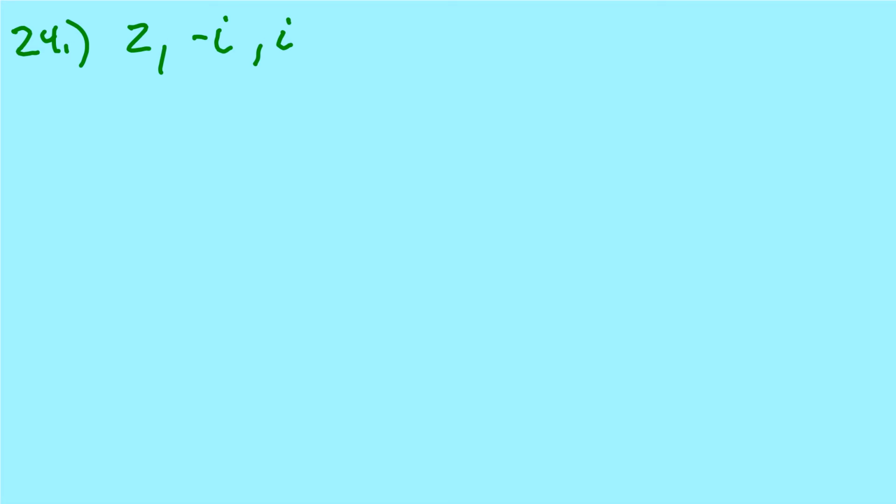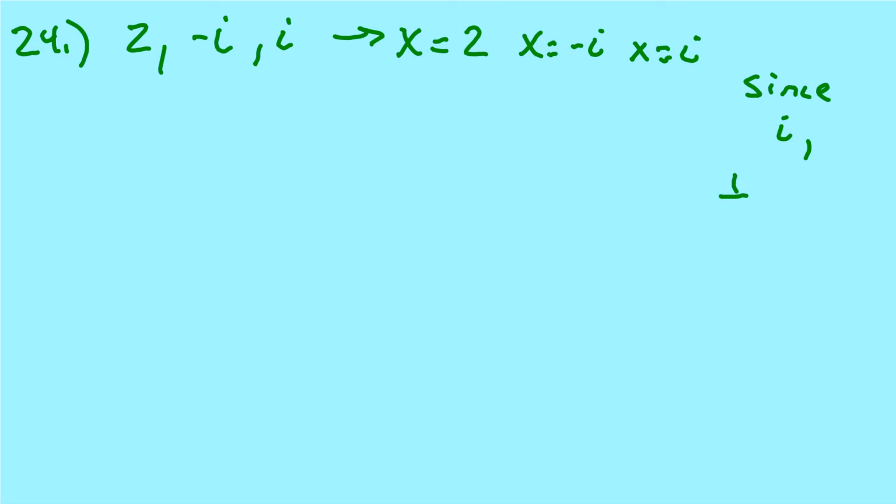Alright, so 24, I have my solution, so I'm going to make x show up. This is going to turn into x is equal to 2, x is equal to negative i, x is equal to i. Since I have i, I have to have conjugates.